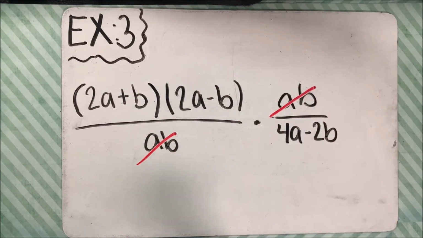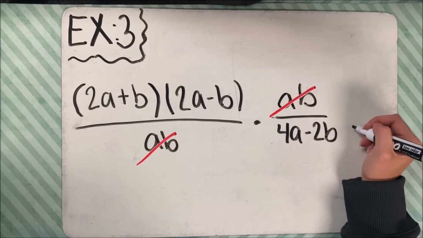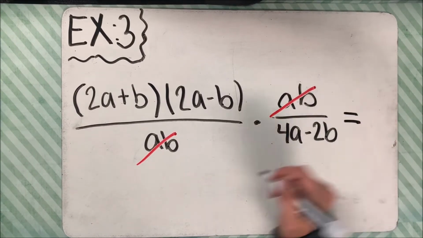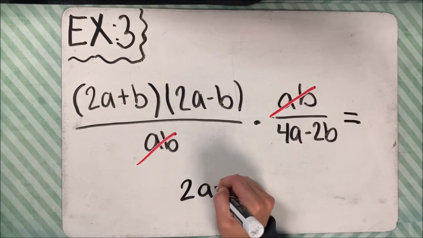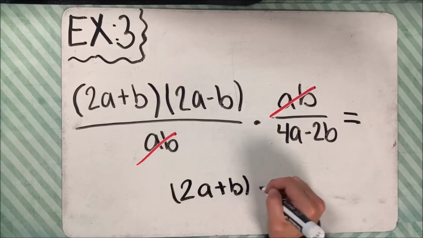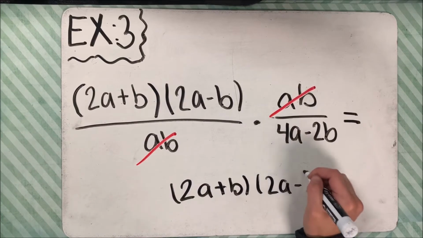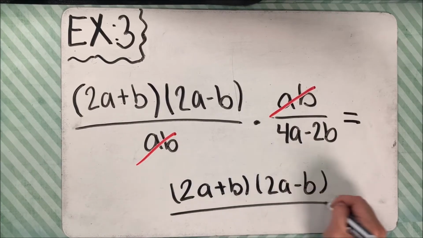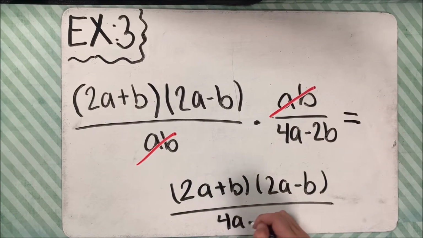The ab will cross out with each other. And this will result in 2a plus b times 2a minus b over 4a minus 2b.